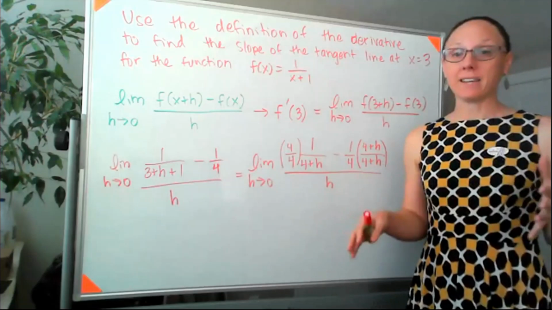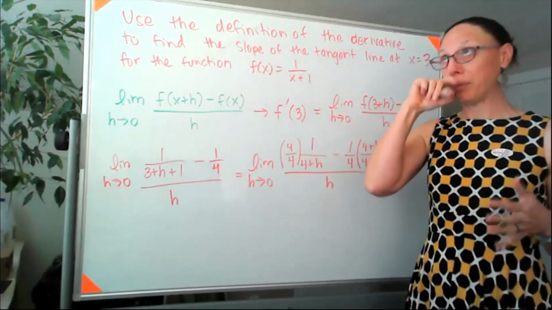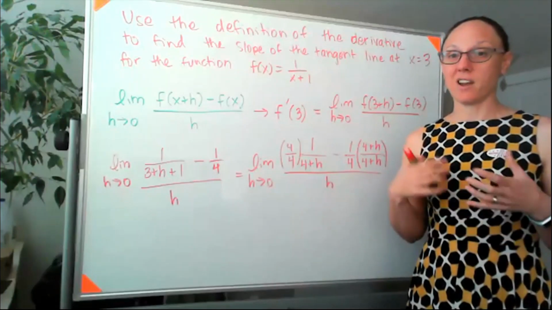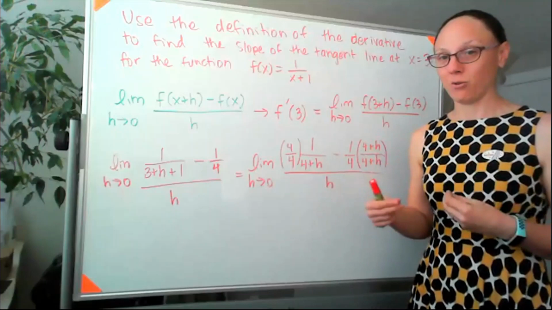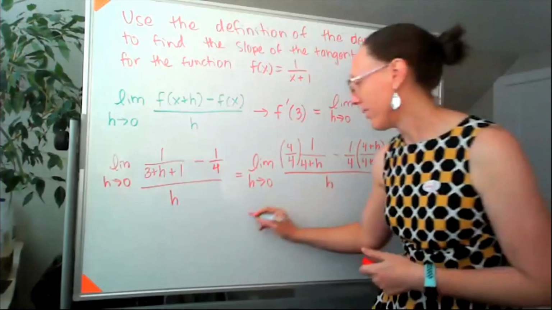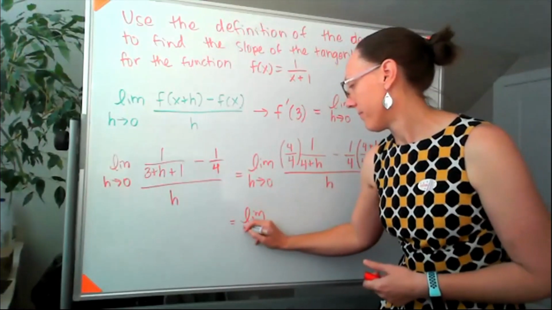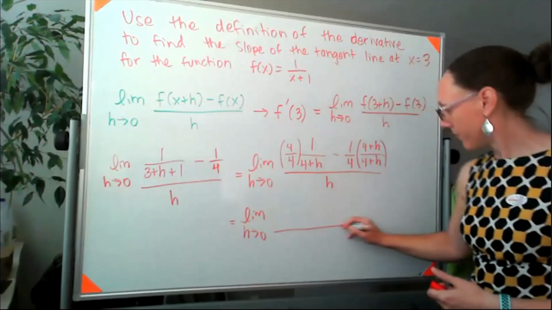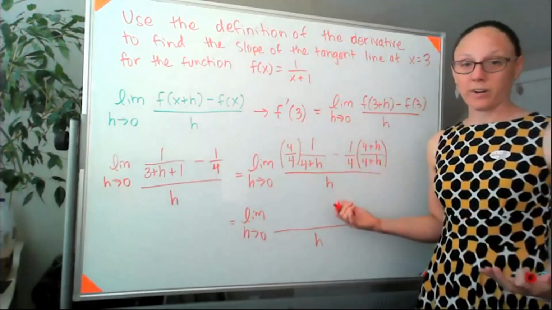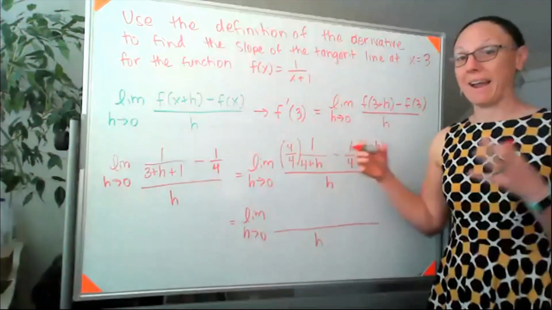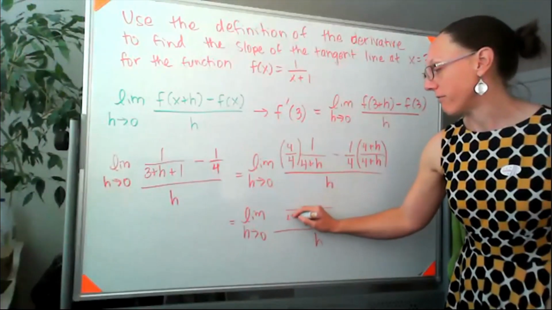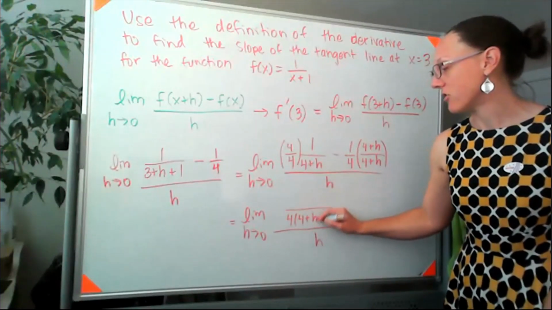I would say one of the biggest problems, one of the largest places to make a mistake in these problems, really is just not keeping track of your own handwriting and what is in a numerator and what part is in the denominator. In my overall numerator here, the whole reason we're getting a common denominator is so that we can combine those two fractions together. So I know that my common denominator is going to be 4 times 4 plus h.